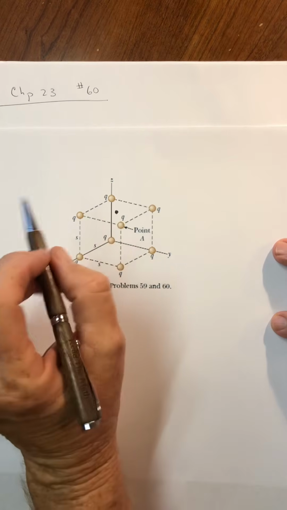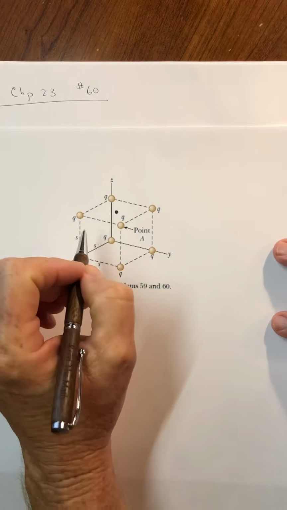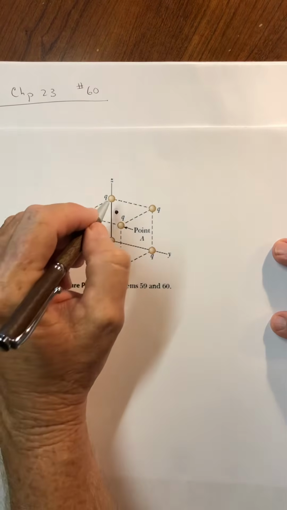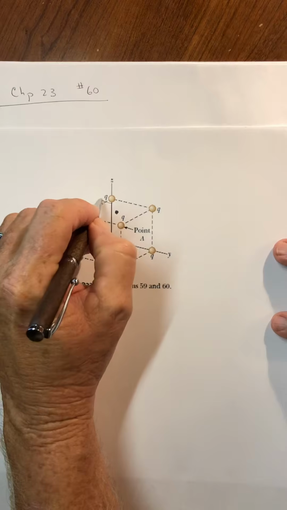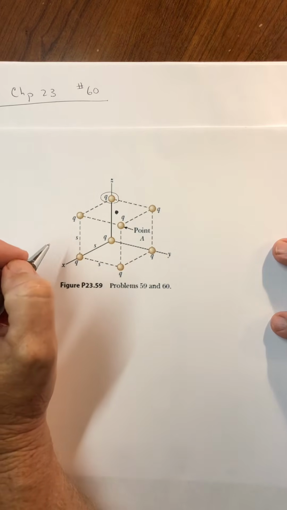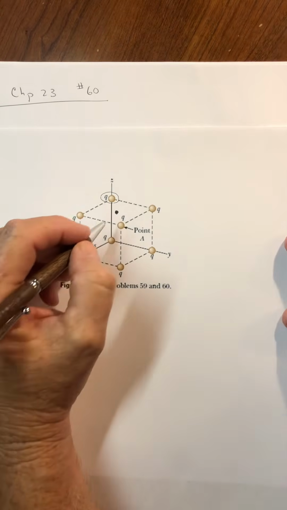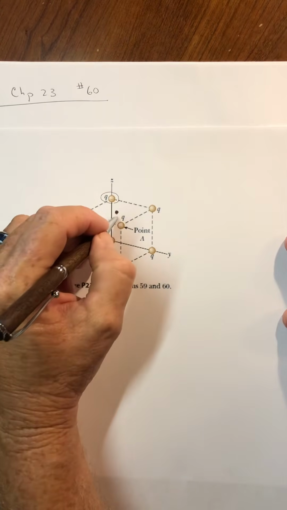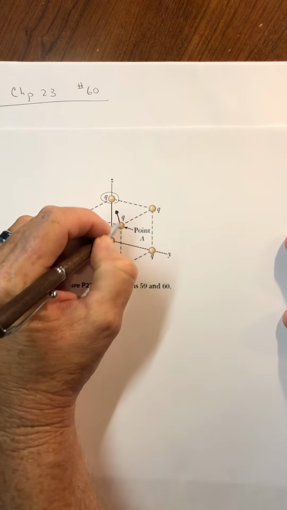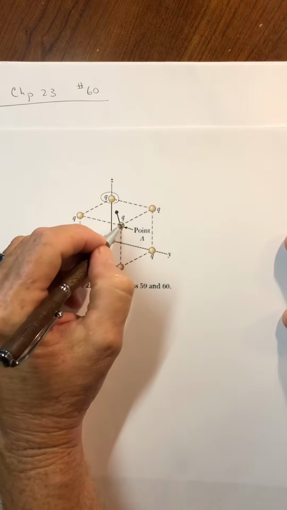And here's where a lot of good physics can save you a lot of work and a lot of thinking. Look at this charge right here. Now, they don't really say whether it's positive or negative, but let's just assume for the sake of argument that it's positive. This charge would make an electric field pointing over towards this charge.